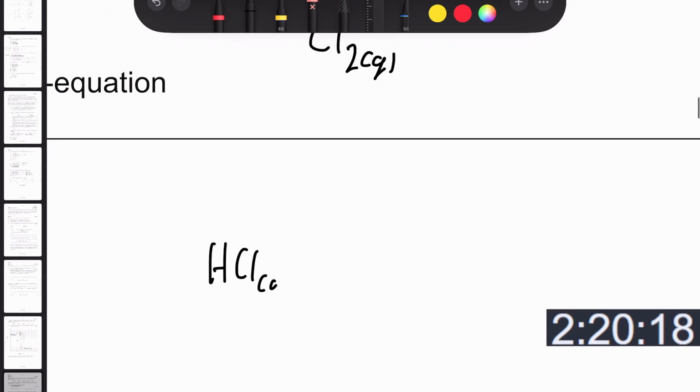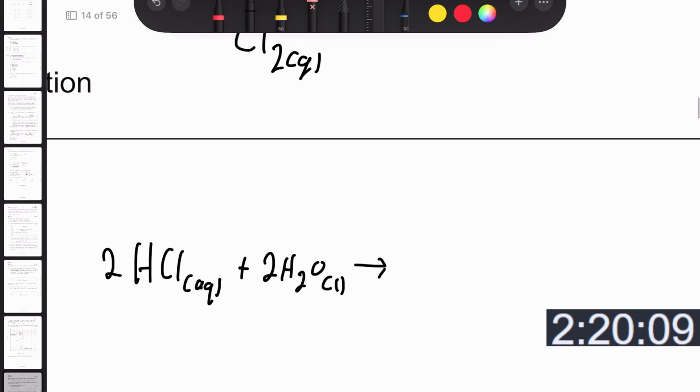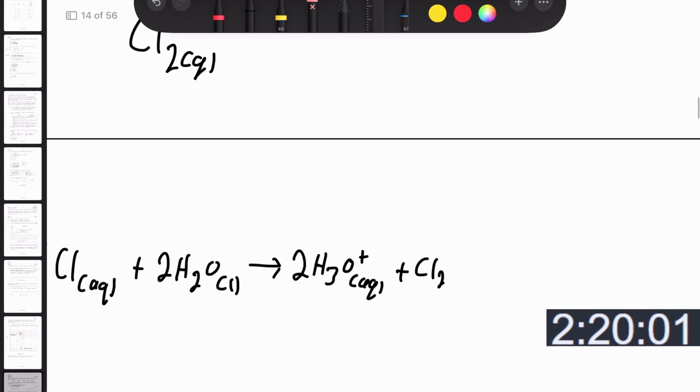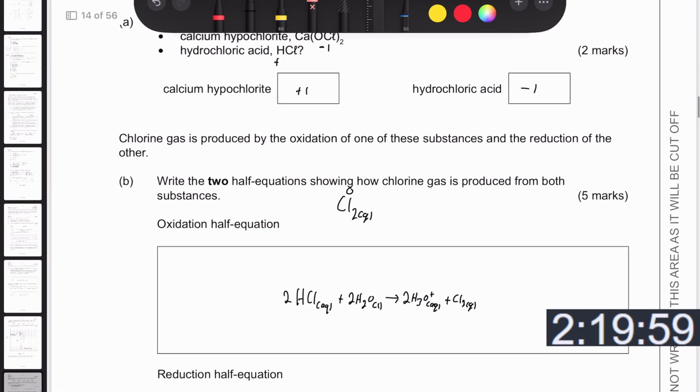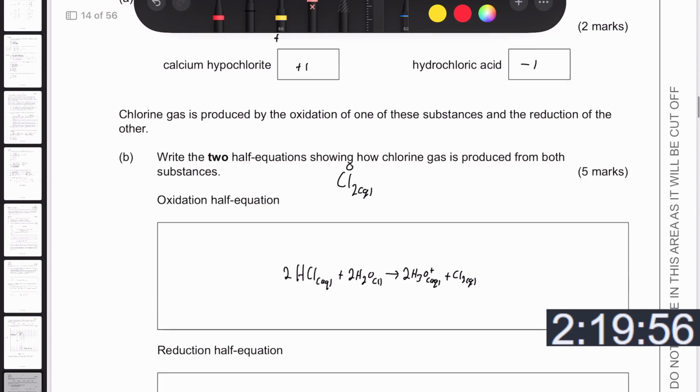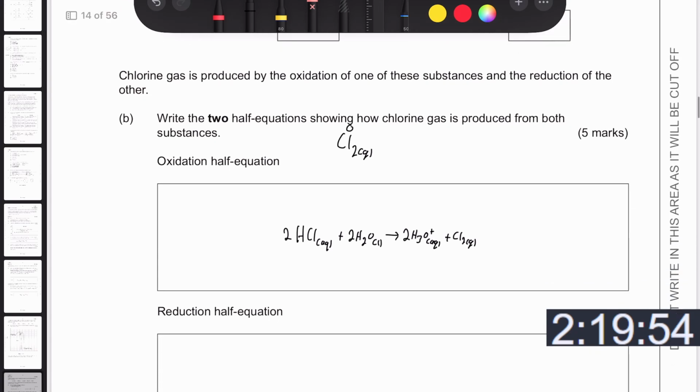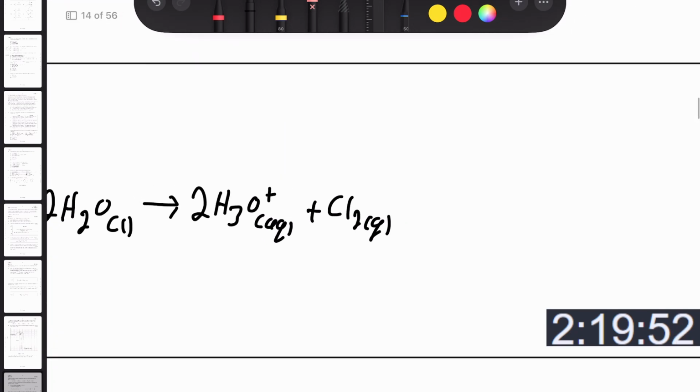So HCl aqueous plus 2H2O form 2H3O aqueous plus Cl2 gas plus 2e minus.